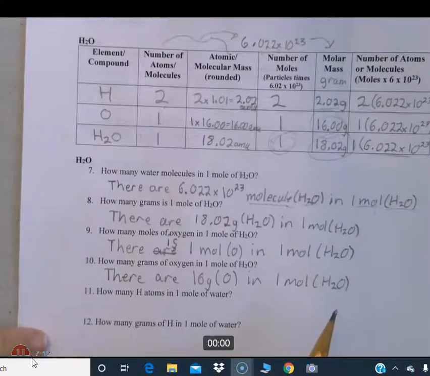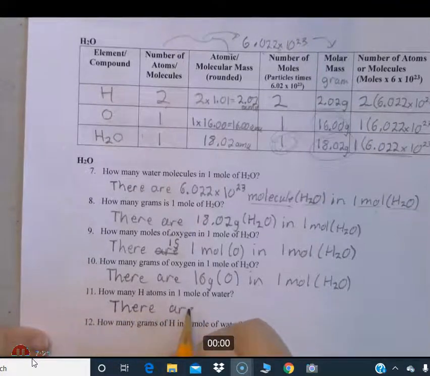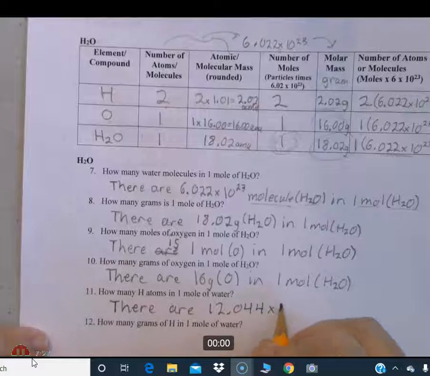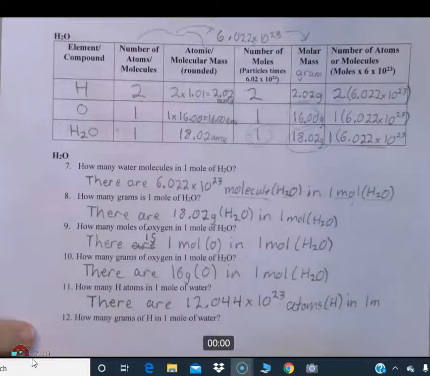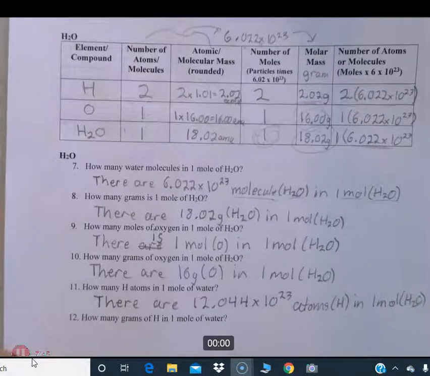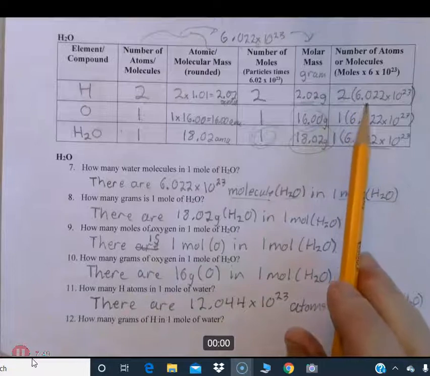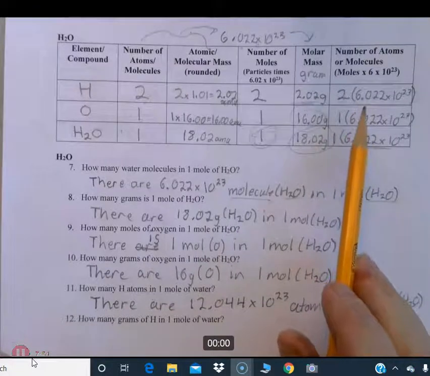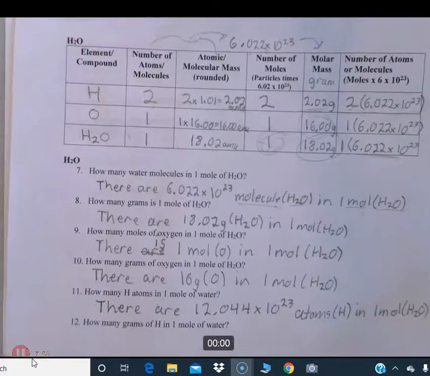We're not interested in the specific number. So how many hydrogen atoms there? Okay, so there are 12.044, that's 2 times 6.022 times 10 to the 23rd atoms of hydrogen in 1 mole of H2O.